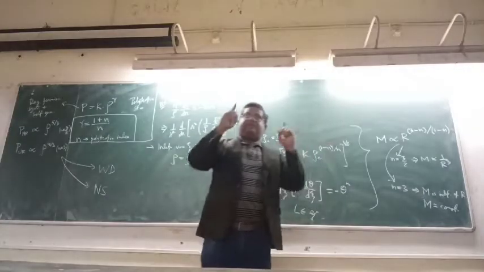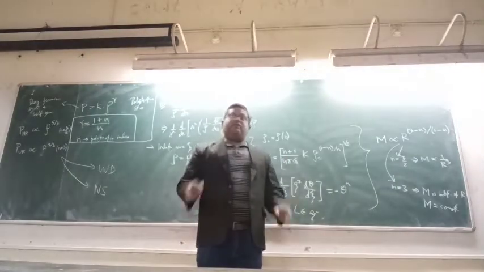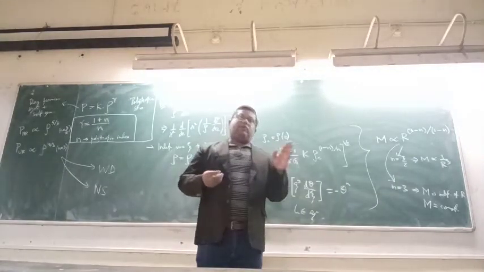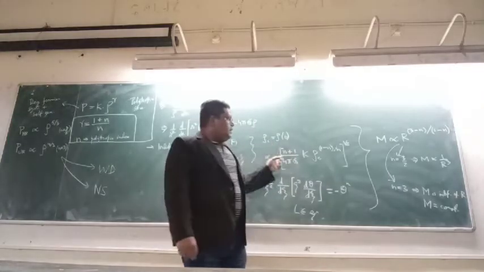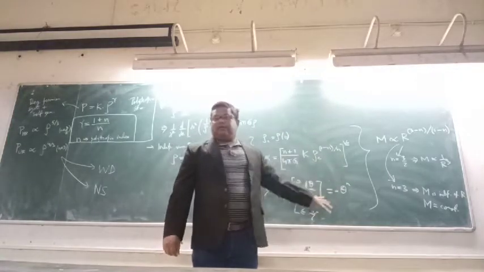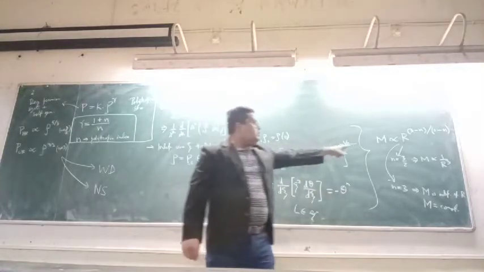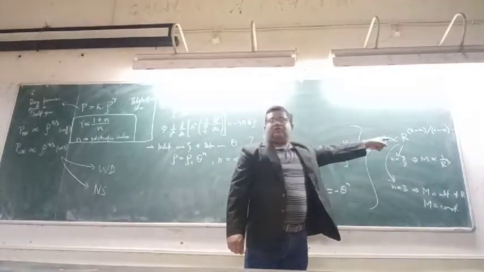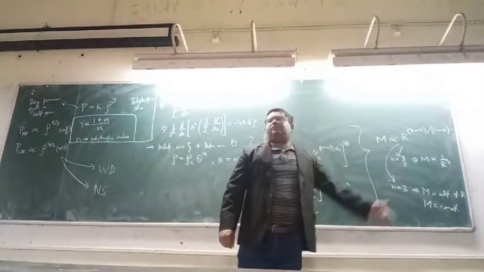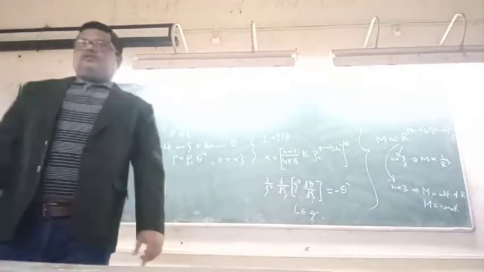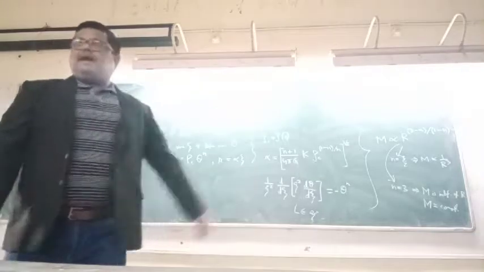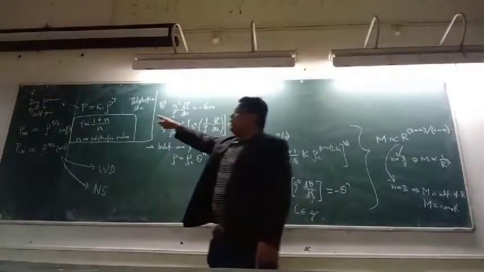What I want to emphasize right now is that I want to talk about both white dwarf and neutron star together. From all this mathematics, you will get this relation: M is proportional to R to the power of some function of n.